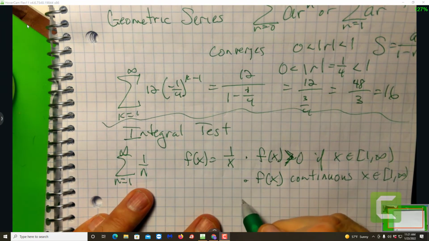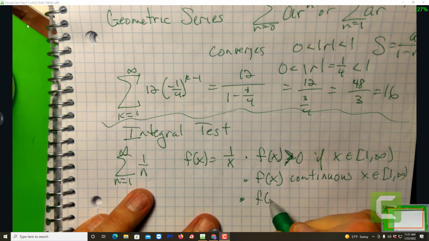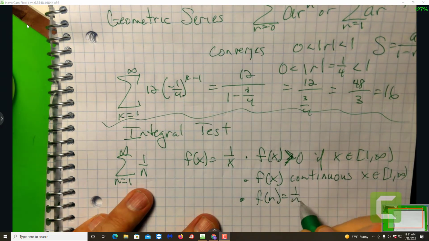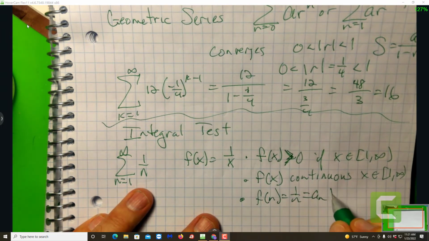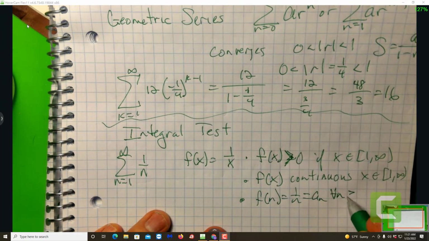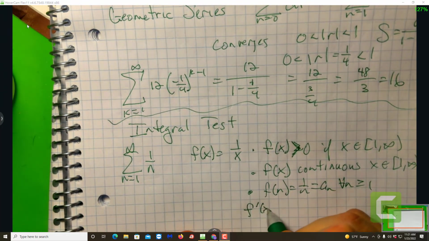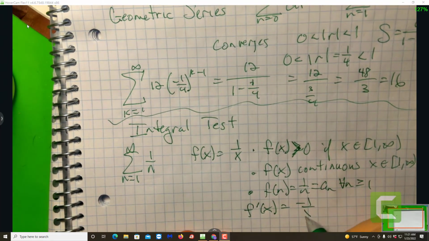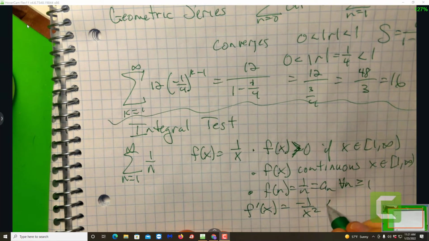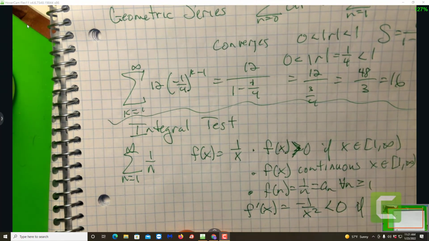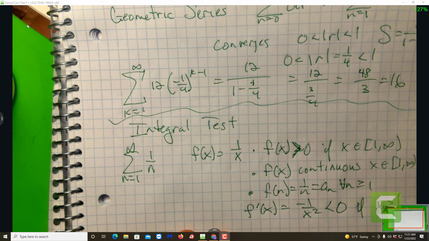It's a function model. f prime of x is minus 1 over x squared, and that obviously is negative if x is greater than or equal to 1.